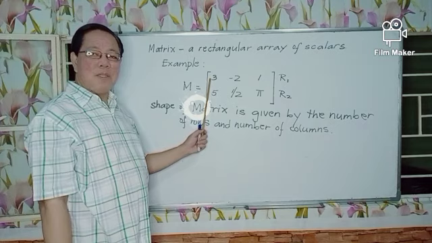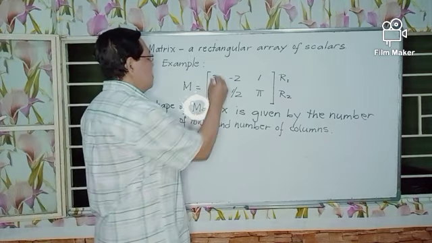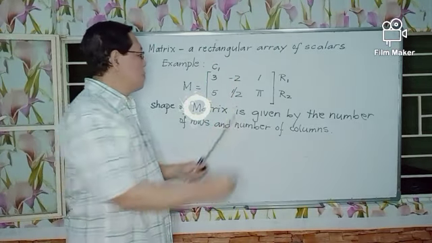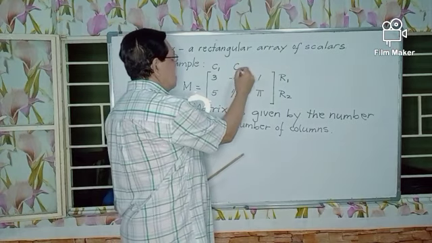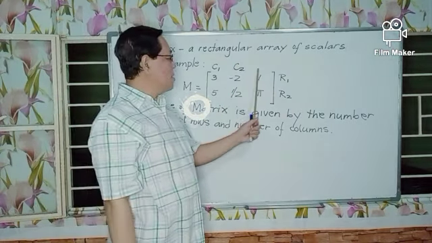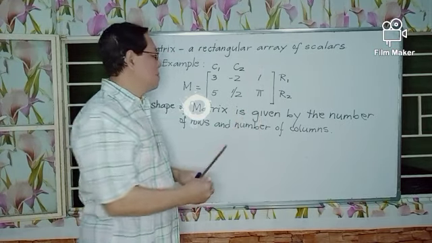From the left, this is column 1, denoted by C1. And this will be column 2, denoted by C2. And this is the third column, C3.